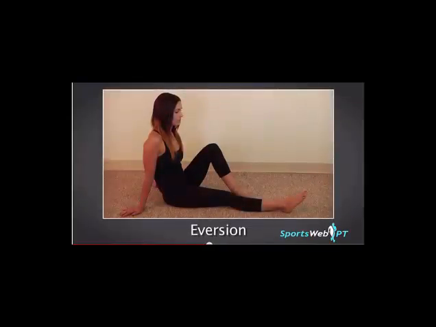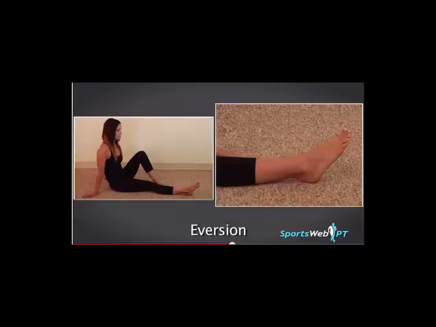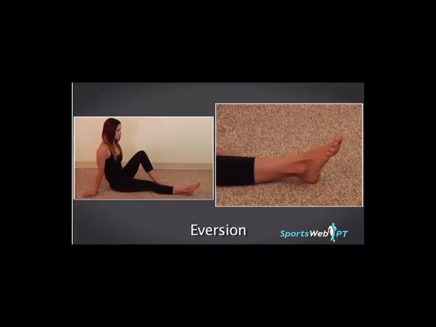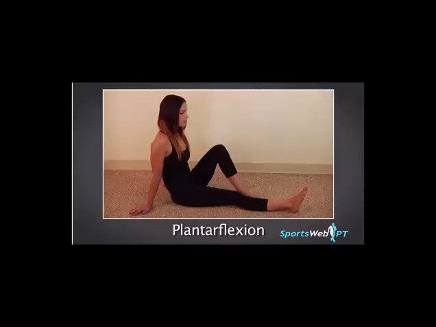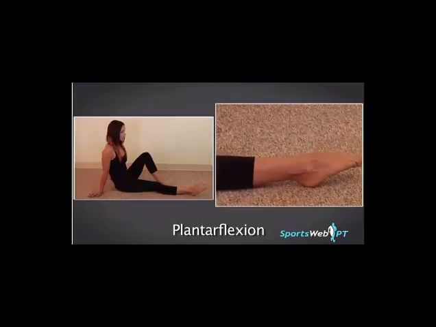The next motion is ankle eversion. Here she turns her ankle out. And finally, we have plantar flexion, where she points her toes down. These are all examples of active range of motion exercises at the ankle.